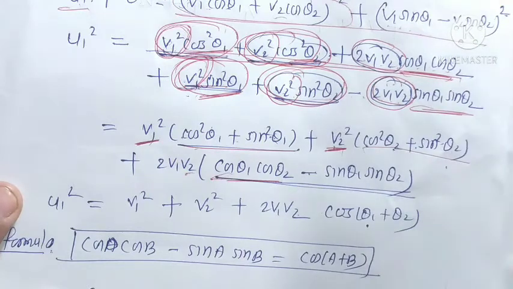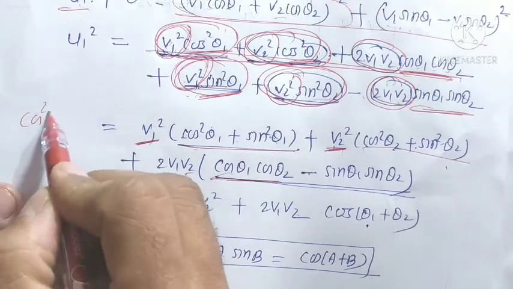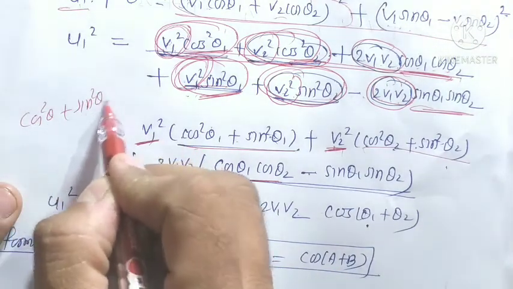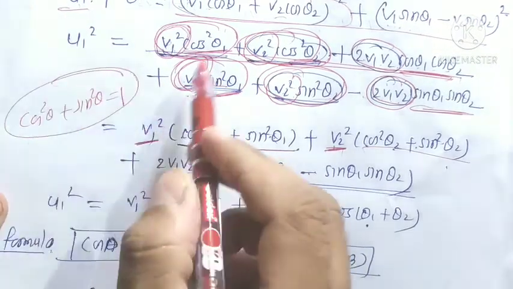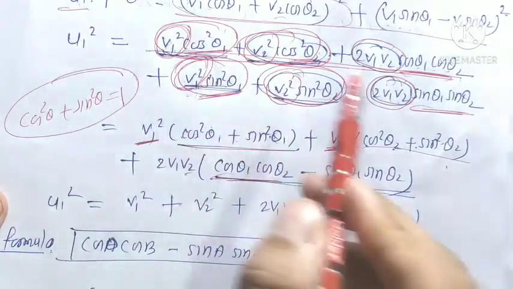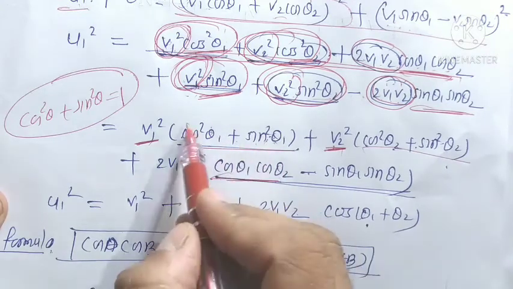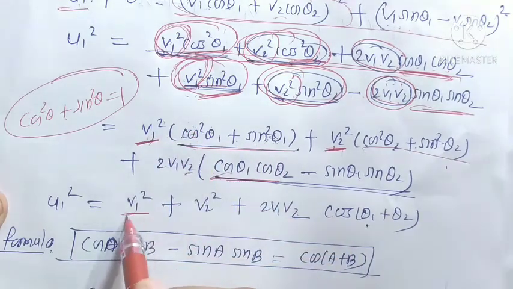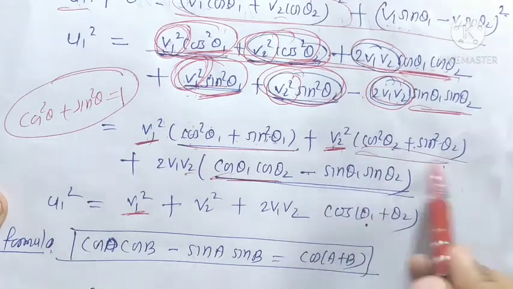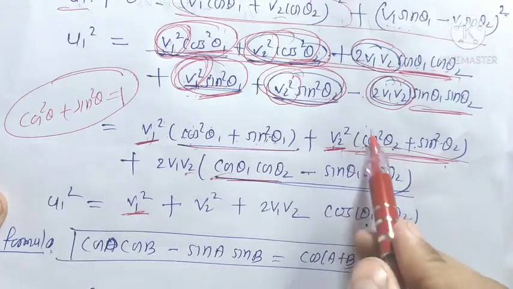We already know that cos square theta plus sin square theta is equal to 1, so v1 square into 1 is v1 square, and v2 square into 1 is v2 square.